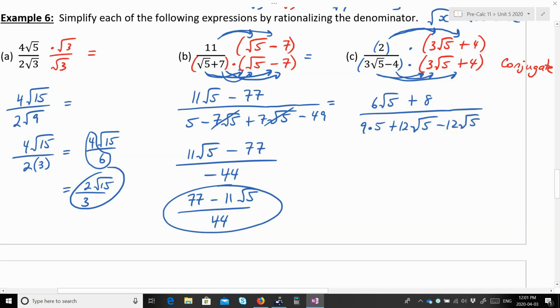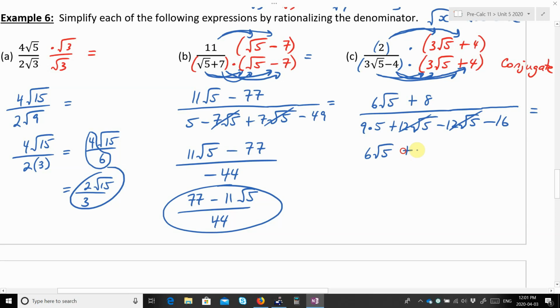Okay, so you can see that we've got one positive and one negative there, and those are going to cancel. So that's why we have to flip the sign, so that we get that situation happening in the middle of our FOIL. And negative 4 times positive 4 is negative 16, and we can just simplify from here. 12 root 5 take away 12 root 5 cancels.